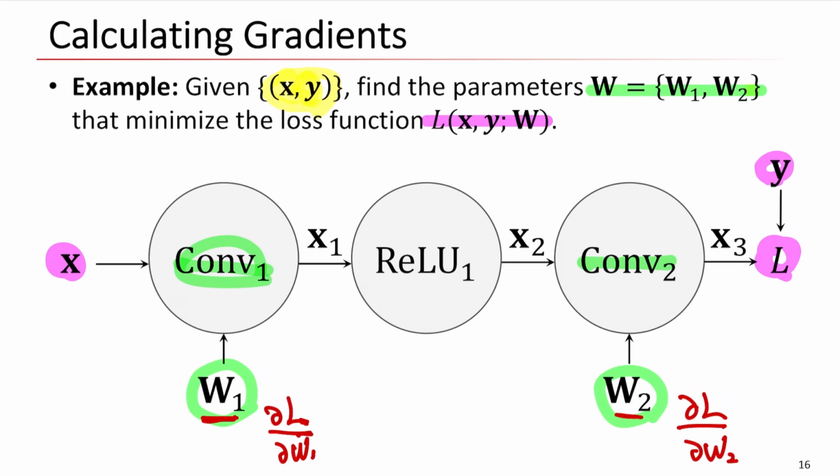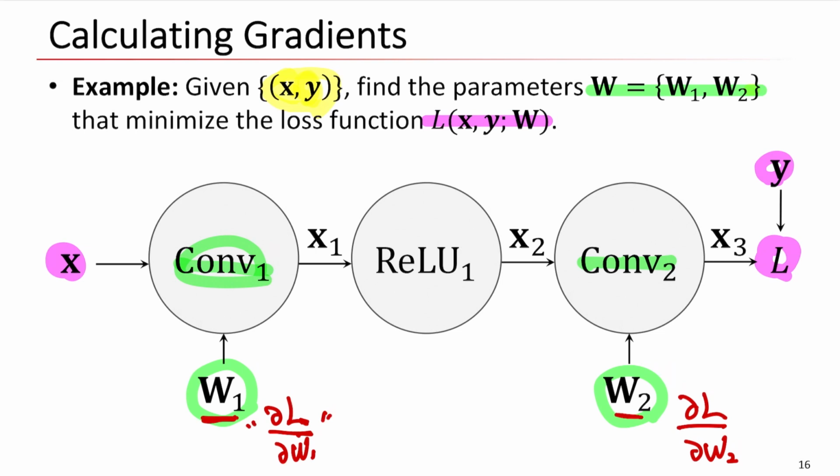As I mentioned previously, computing this directly is really hard when the network is really big. So we need backpropagation and the chain rule, right? So how can we do that?